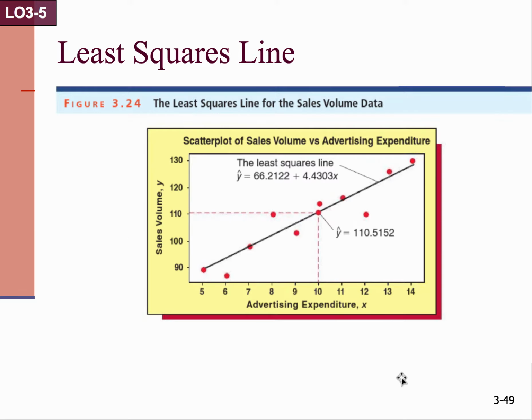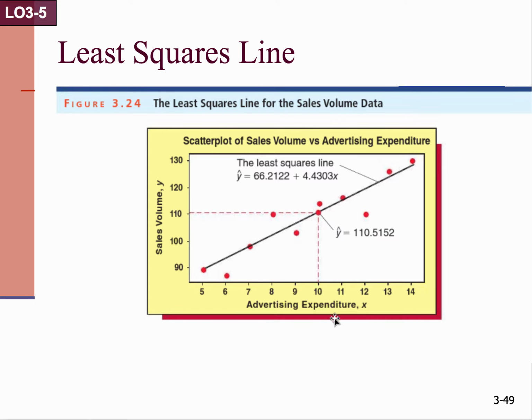What that tells us is that now we have a line, and we can predict in future any value y in between these regions, from region 0 onward. We can predict how much the sales volume will be if we know the advertising expenditure.